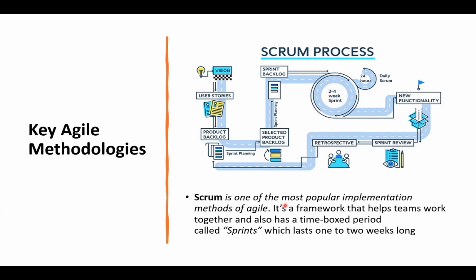So Scrum is one of the most popular implementation methods or methodologies for Agile. It's a framework that helps teams to work together within a time-boxed period called a sprint. A sprint is the period that you're working.